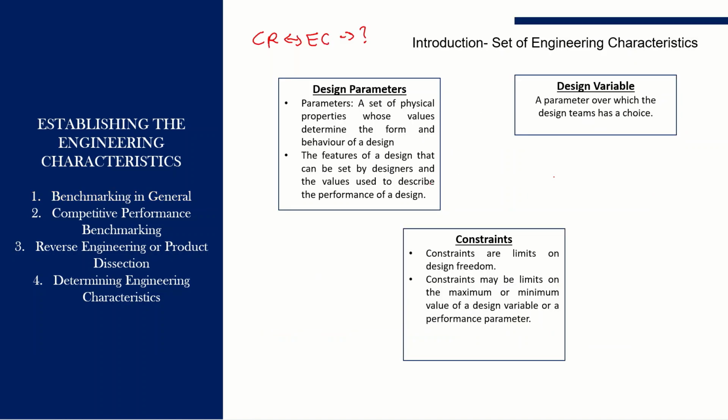Design parameters involve a set of physical properties whose values determine the form and behavior of a design, where the features of a design can be set by the designer and the values used to describe the performance of a design. So it is something that you can change, you can modify.